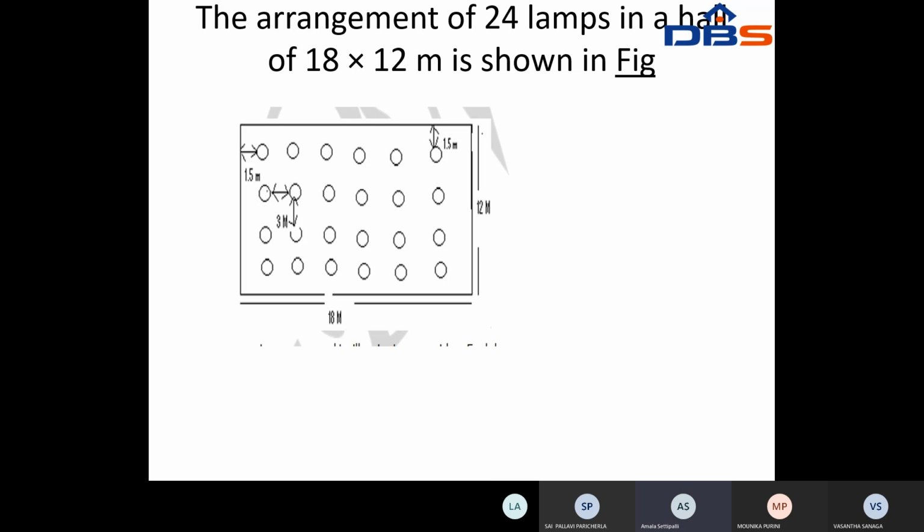In the first unit we discussed, first of all, what is light, what is the nature of light, and many definitions related to light.